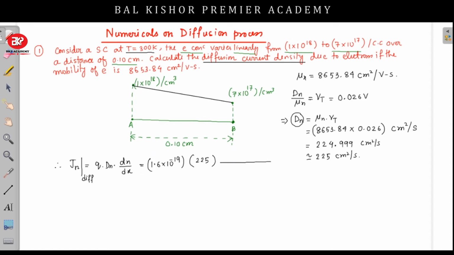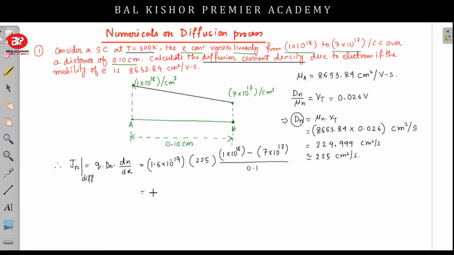The dn by dx value can be written as 1 into 10 to the power 18 minus 7 into 10 to the power 17, divided by the distance, which is 0.1.